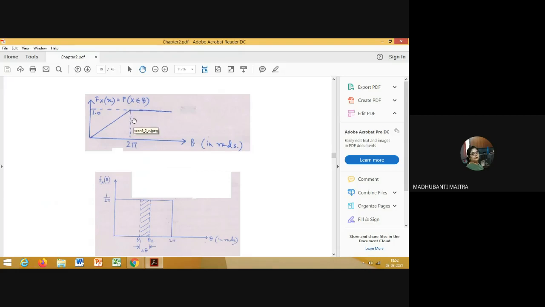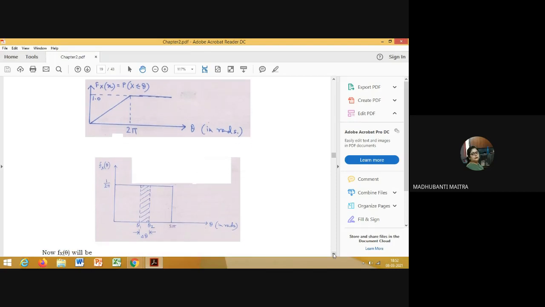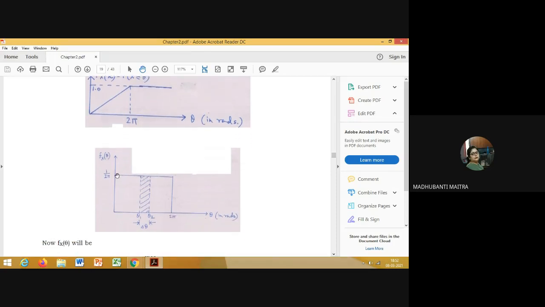Okay. Anyway, now if we want to plot the corresponding density function, then we'll have to take the first derivative, and obviously the density function will look like this: a step followed by a negative step to stop this one.